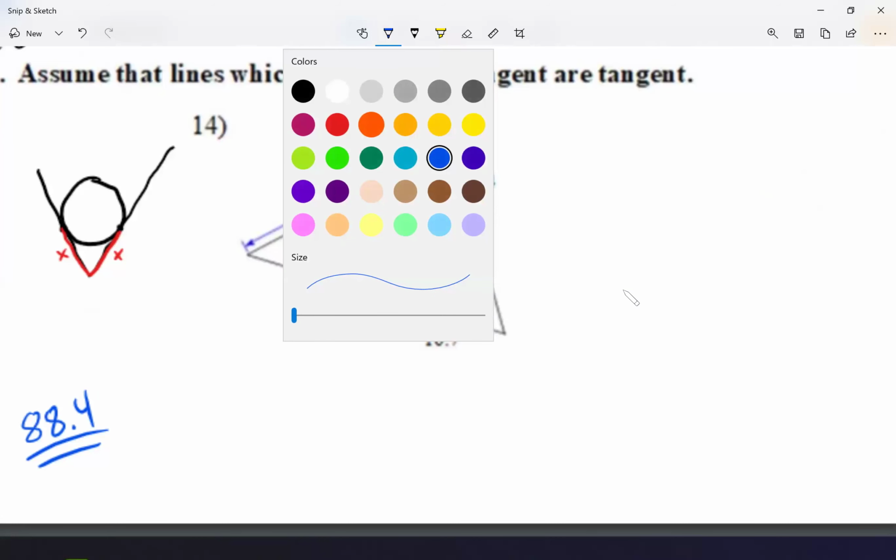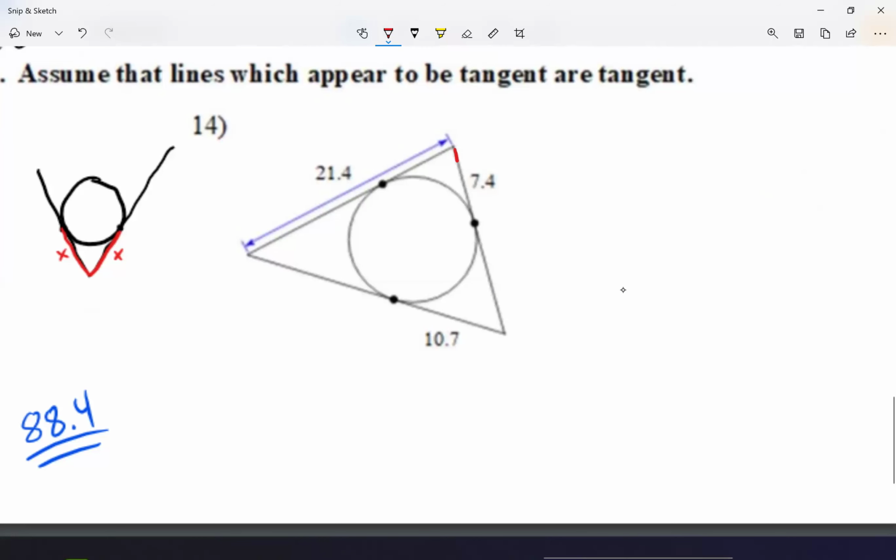First, let me look at my tangents. I see a tangent segment there that is 7.4. So this one right here is 7.4 as well. I can find out these two tangent segments. I know they have the same length, but I want to look at this one. I see the whole thing is 21.4. Part of it is 7.4.